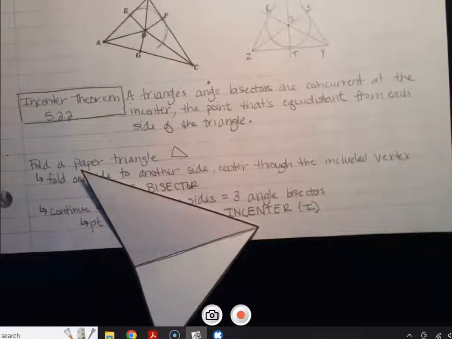What is that identified as? What bisector? Not parallel. Nope, perpendicular was yesterday because it had to be perpendicular to the base. What did we bisect?